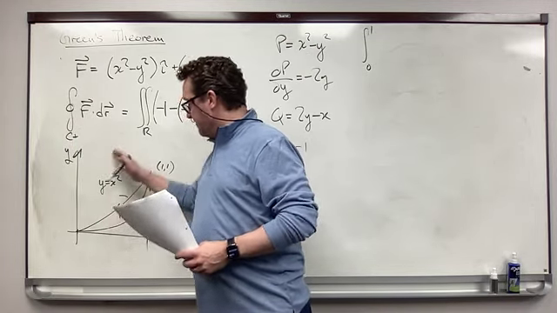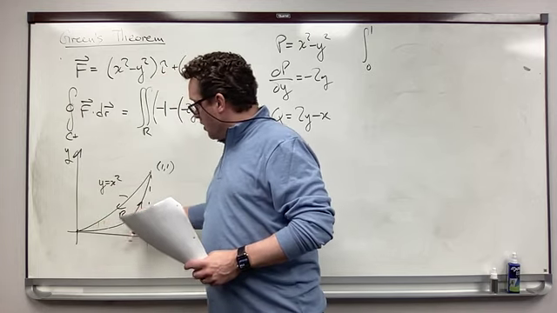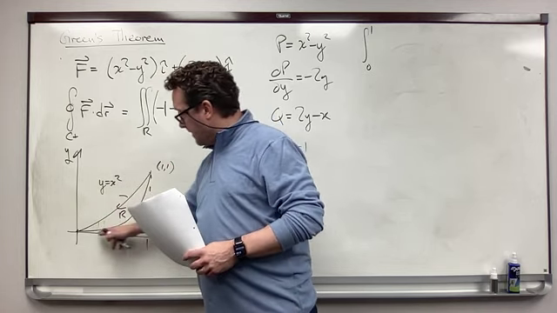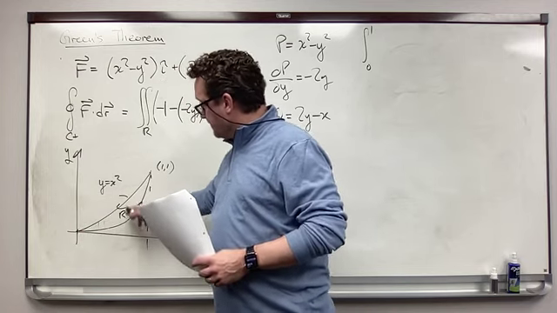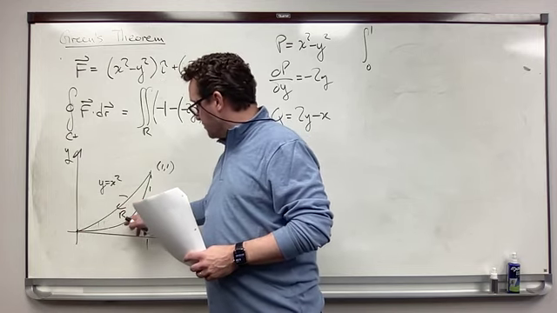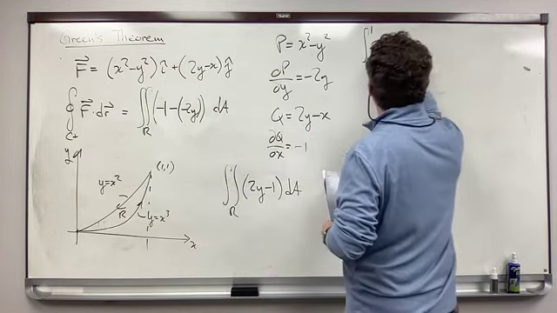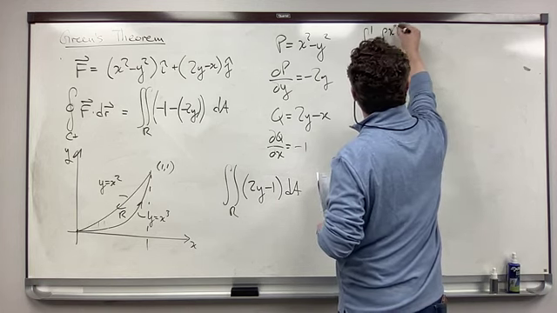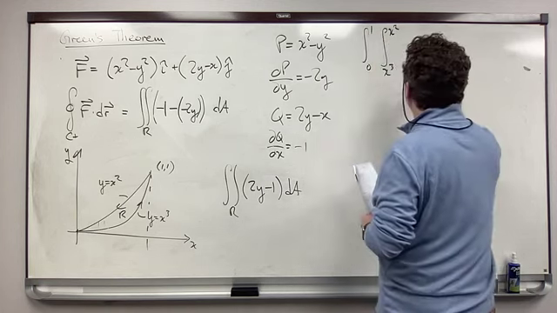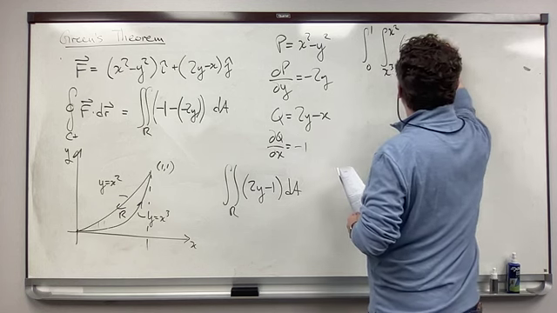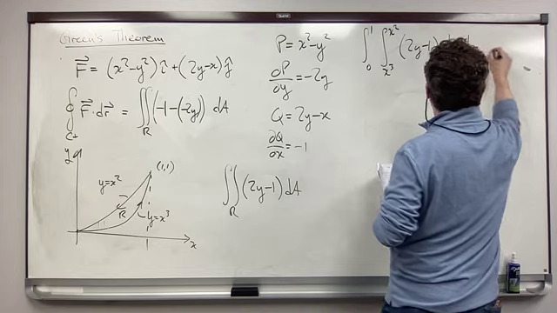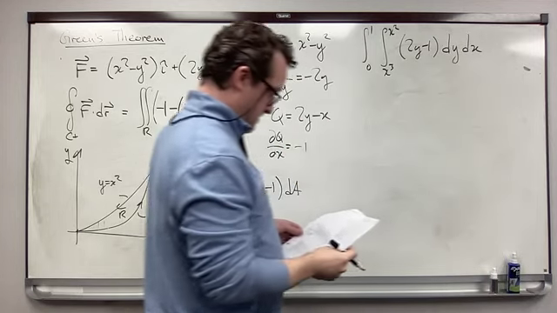Think about what y is over this region R. What is y bounded by? It always goes from the bottom function up to the top function, so from x cubed to x squared. So this would become x cubed to x squared, and then I have 2y minus 1 dy dx. I'm going to do y first.